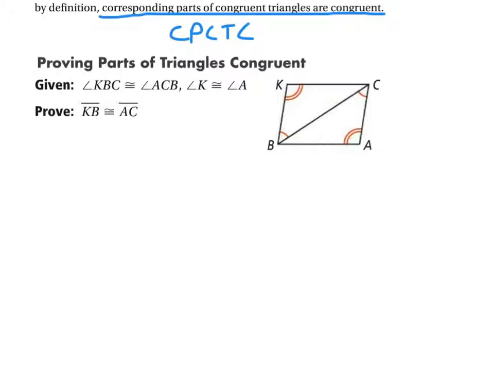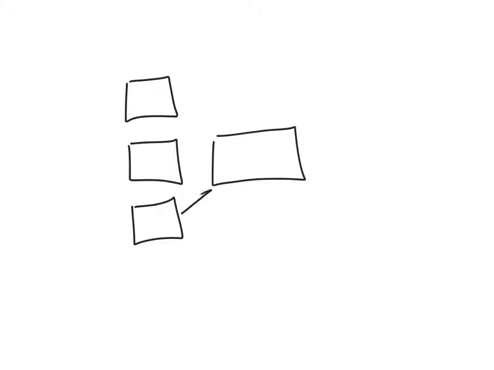Okay? So really what they're doing here, and let me go off to the side for just a moment. I told you guys that when showing triangles are congruent, we end up with this basic structure every time. And this is showing a triangle is congruent to another triangle. And you saw that sometimes we ended up having stuff out here because it wasn't one of our sides or angles we needed.